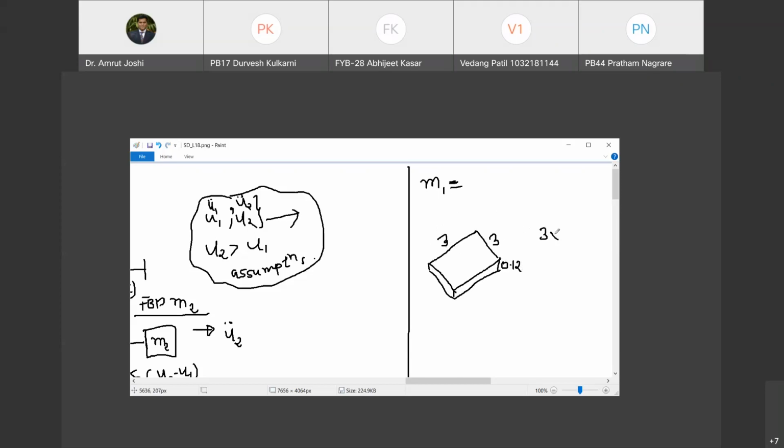Can you tell me? 3 into 3 into 0.12 multiplied by 25 kilonewton per meter cube into 1000, so this comes in newton. Do you agree with me? Divided by 9.81. This will be the mass in kg. So can you tell me what this number is? Let us assign this number to m. Tell me, how much does it come to?